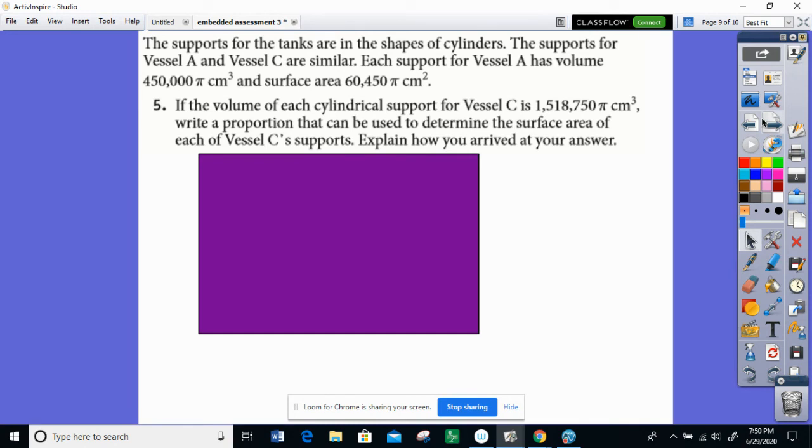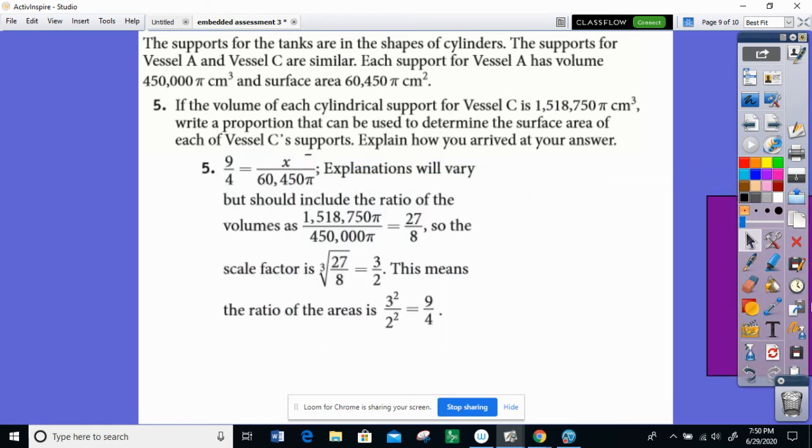Explain how you arrive at the answer. Okay, so their final proportion is this: 9/4 equals x over 60,450 pi. All right, so let's look at how they got that.